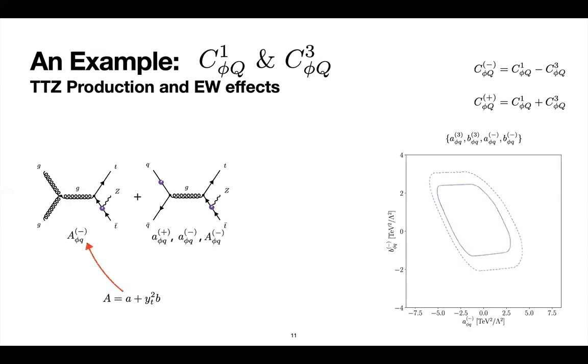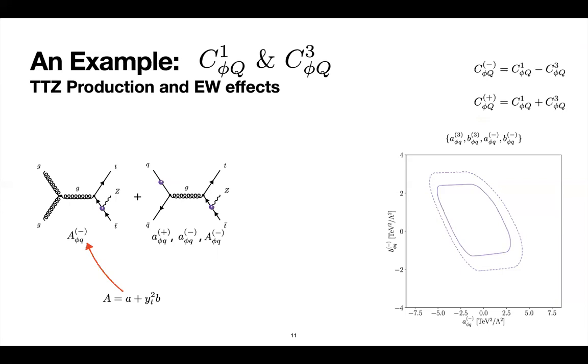And if you do that, here what I'm showing is the result of a 4-parameter fit. We're fitting really A3, B3, A minus, and B minus. And I'm showing just the 2-dimensional projection of that. So the profiled constraints coming from this 4-dimensional likelihood.